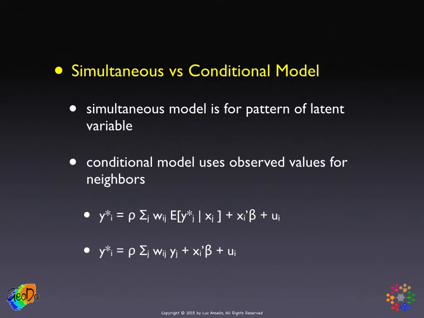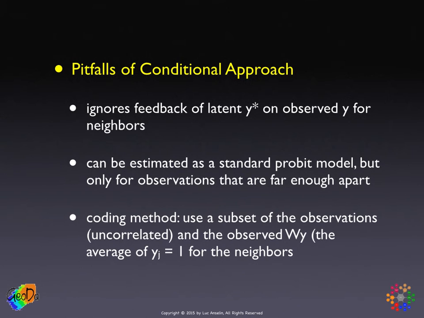And remember the expression that I am my neighbor's neighbor, so if I am influenced by my neighbors, then I in turn will influence my neighbors. In a conditional model, that aspect is ignored. So the conditional approach ignores the feedback between the latent variable back to the observed neighbors that is just factored out.